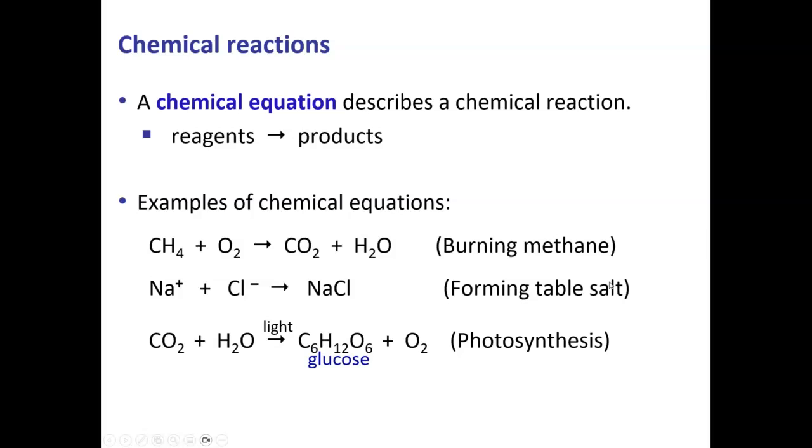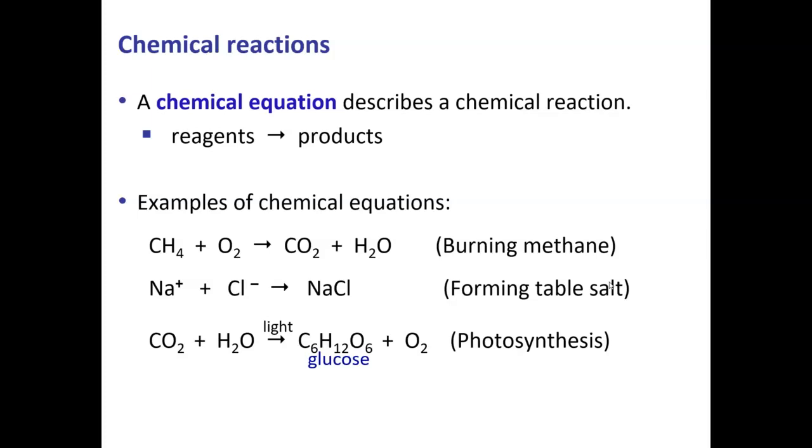But in a chemical reaction, there will always be the same elements on the right side as on the left side. So these reactants or reagents have carbon, hydrogen, and oxygen. The products also have carbon, hydrogen, and oxygen. They've just been rearranged into different combinations. Sodium and chlorine on the left, sodium and chlorine on the right.